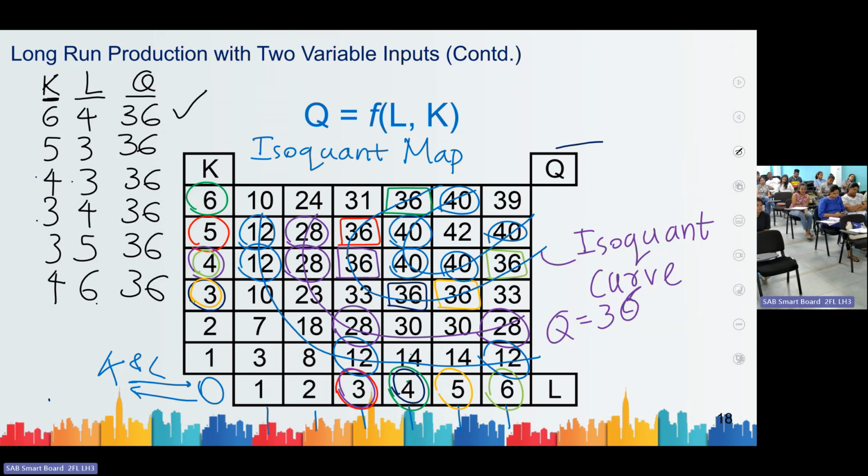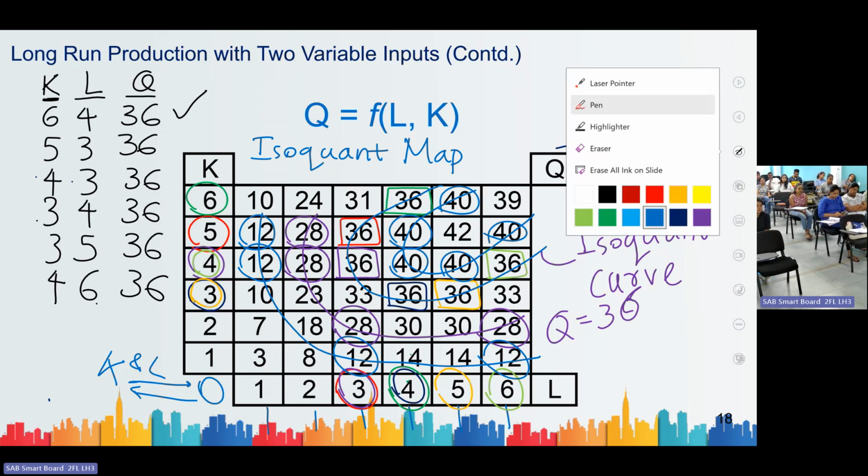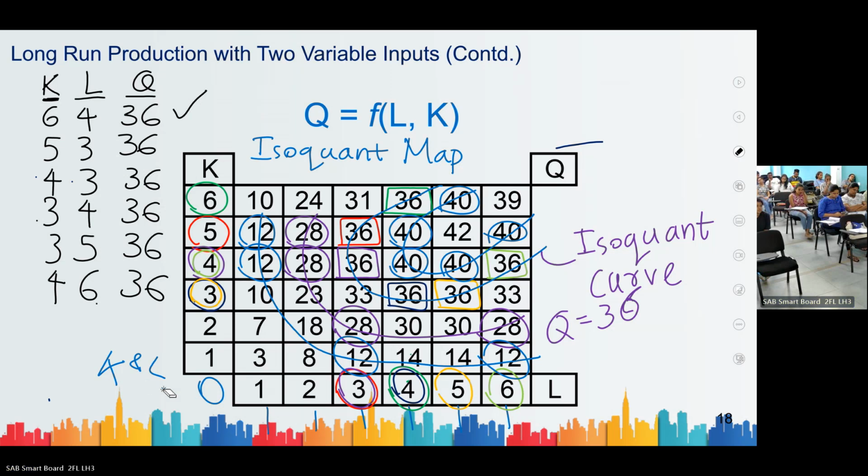When an isoquant curve lies far away from the origin, origin means where both capital and labor are 0, it represents a higher output level.